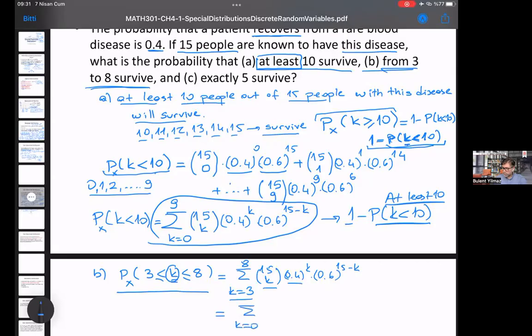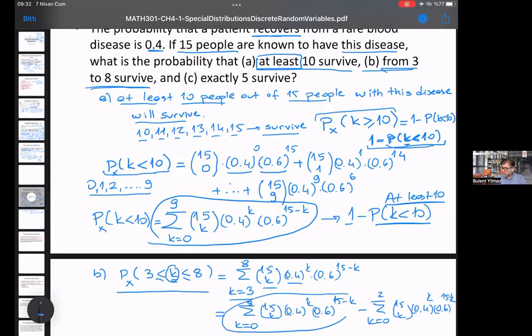K from 0 to 8, 15 choose K, 0.4 to the K, 0.6 to the 15 minus K, minus K from 0 to 2, 15 choose K, 0.4 to the K, 0.6 to the 15 minus K. Okay, so this part is the number of people who survive, no people survive, one person survives, two people survive, and up to 8.